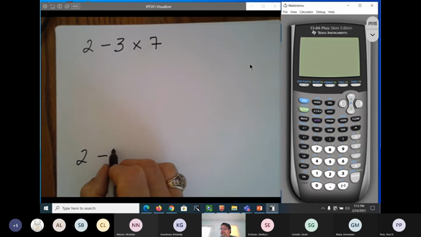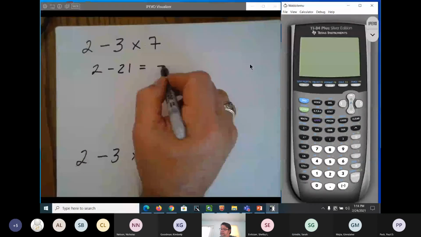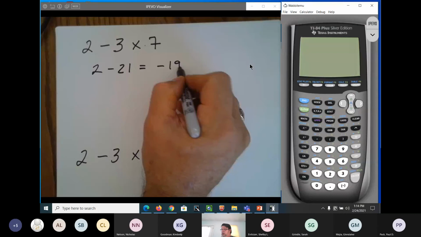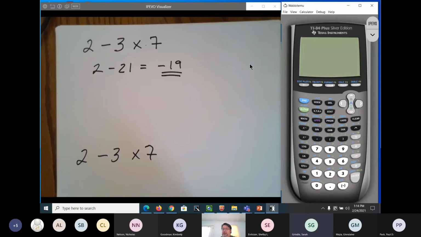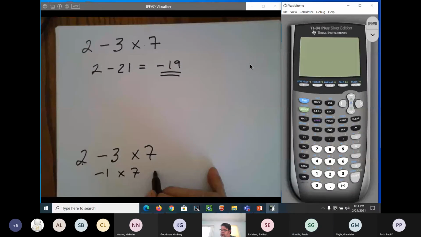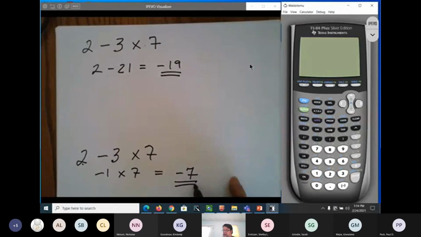So what's 3 times 7? 21. So 2 minus 21 is negative what? 2 minus 3 is what? Negative 1. Negative 1 times 7 is what? And of course, this is incorrect.